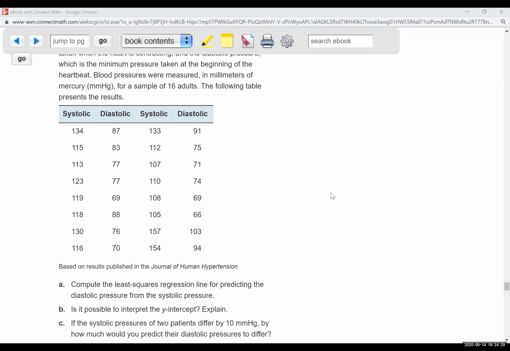Don't be confused when you see this on a quiz or homework or a test. Look at it, a sample of 16 adults. So meaning per column, you should have 16 numbers. Like this one, 1, 2, 3, 4, 5, 6, 7, 8. So that's why this is a continuation of that. 9, 10, 11, 12, 13, 14, 15, 16. Okay, so this should be L1 and this is L2.